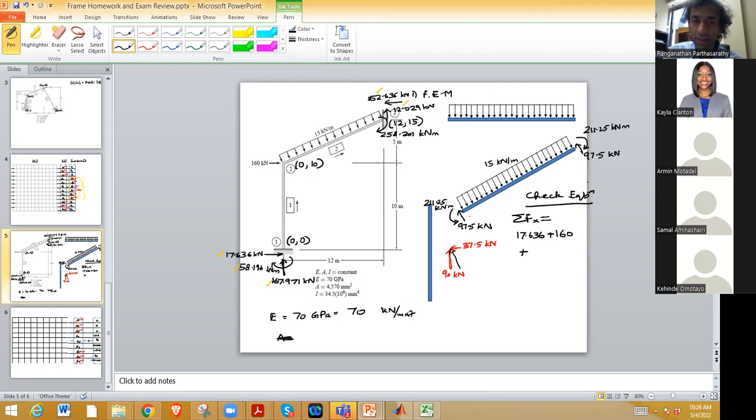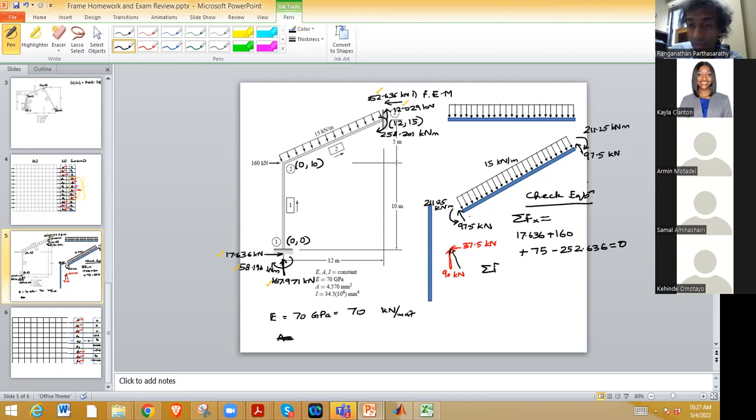And this is length of 13. So 75 to the right. And then 252.636 to the left. So what's all this? 17.636 plus 160 plus 75 minus 252.636. Okay, 0.